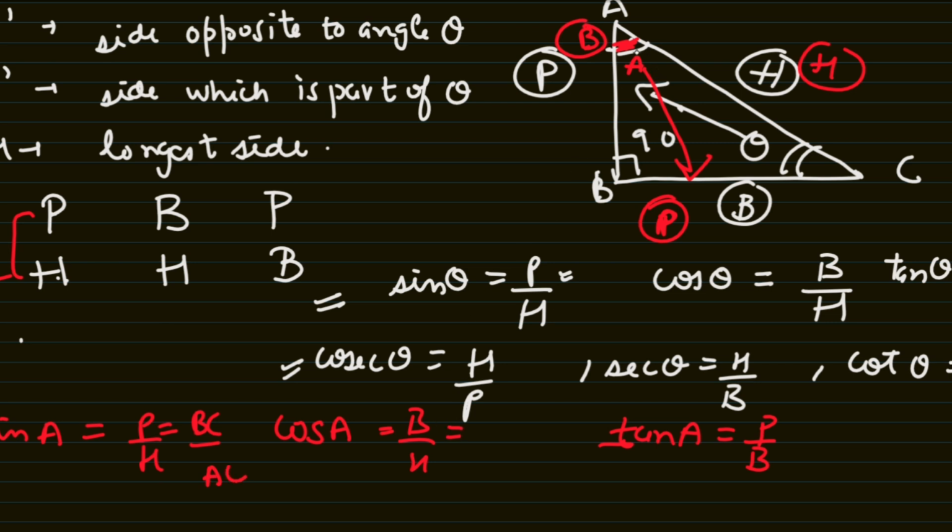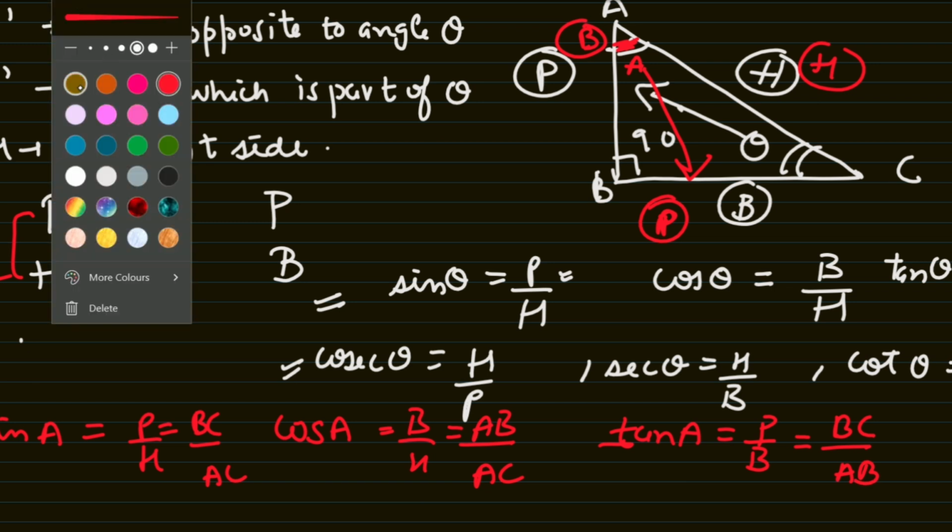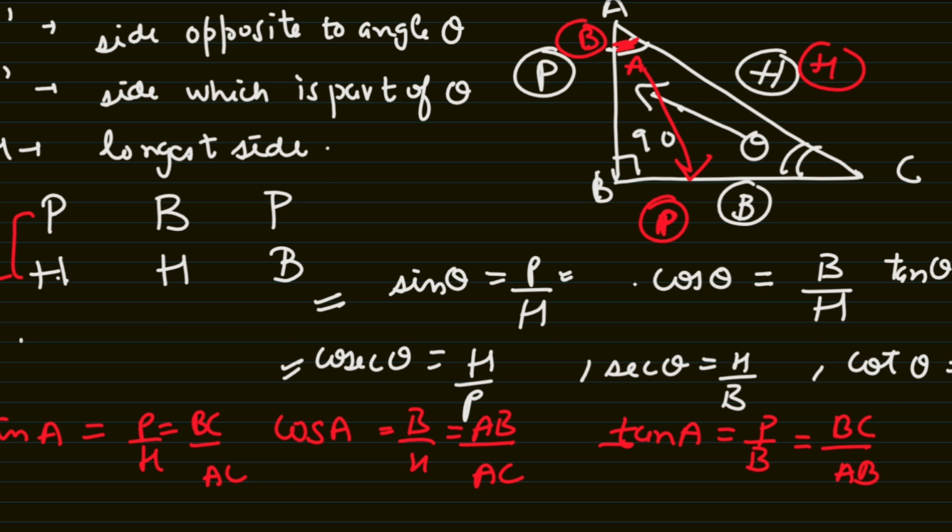For cos A, B is this side, AB, hypotenuse is AC. And for tan A, the value of P is BC and B is AB. But if you are talking about this angle theta, then the value of P is AB, so AB upon AC, the value of B is BC upon AC.